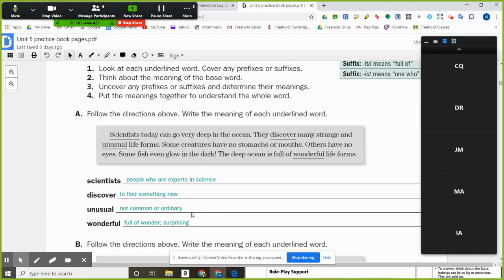Dana, can you do wonderful with me? Yeah, which is the base word? Good. And does it have a prefix or a suffix, Dana? Prefix means that the change comes before the base word, and suffix means it comes after the base word. If wonder is the base word, here, let me highlight it.